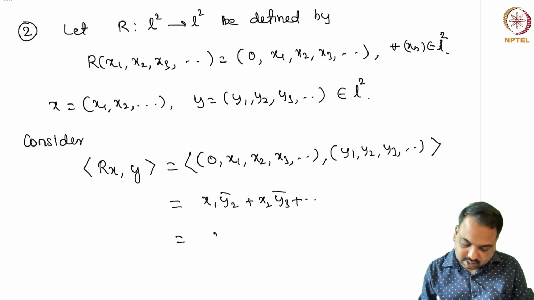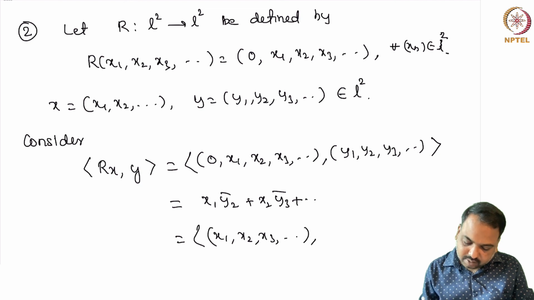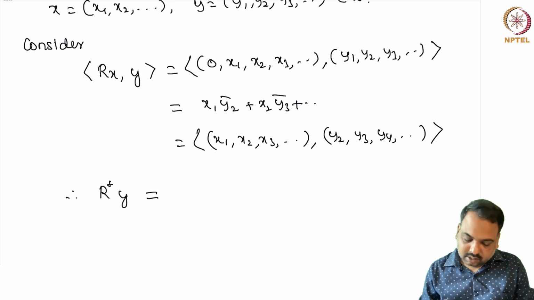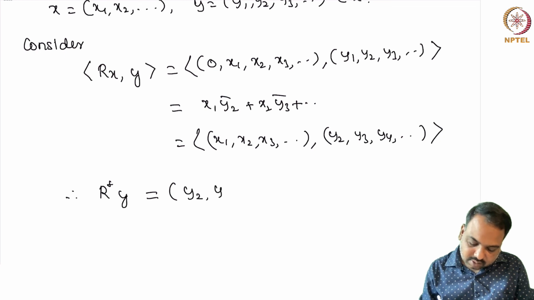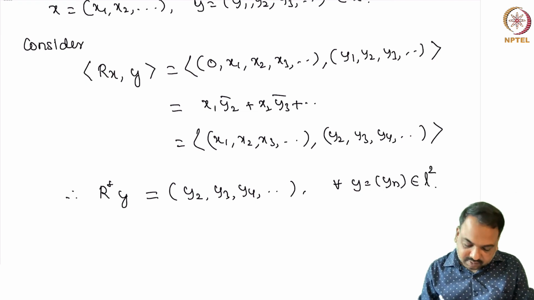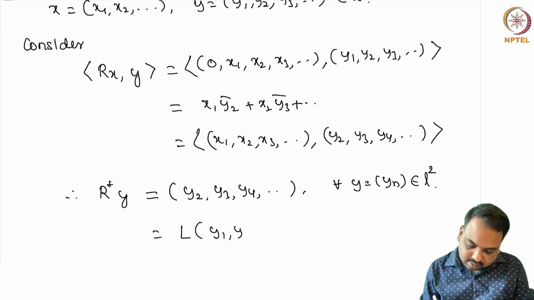So this we can write as the inner product of (x1, x2, x3, and so on) with (y2, y3, y4, and so on). So we can conclude that R star of y, where y is (y1, y2, y3, and so on), we can write as (y2, y3, y4, and so on). So this is exactly the left shift operator L.